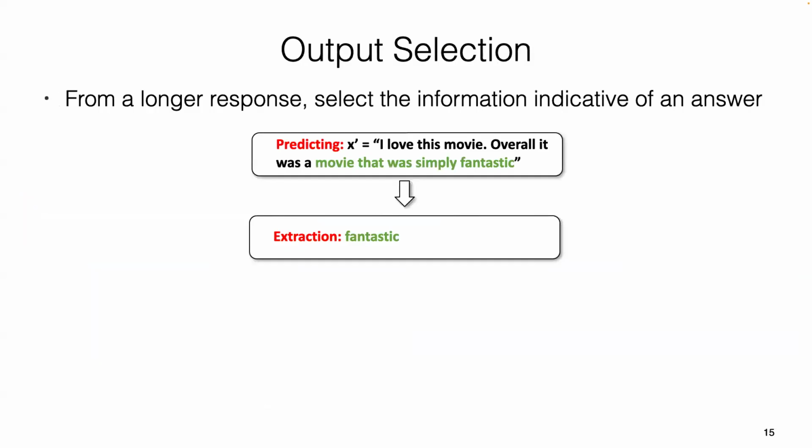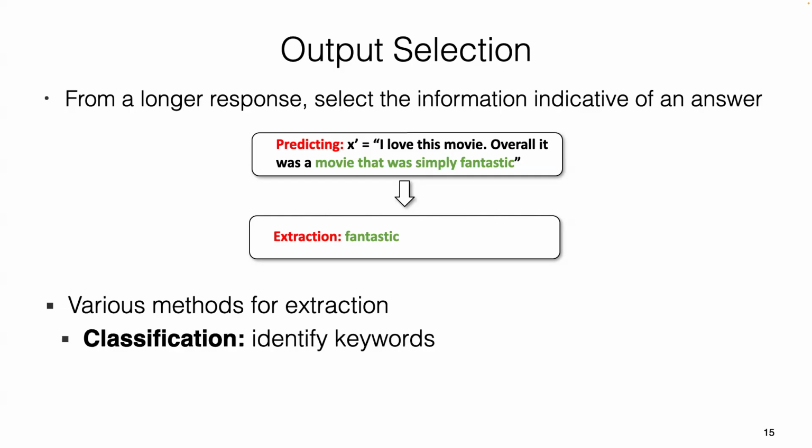So the next is output selection. Here, the model might just generate some full sentence, and you want some way of extracting maybe a single word or a single class label that you care about. This varies by the application you're working with. Sometimes you want to look for keywords.